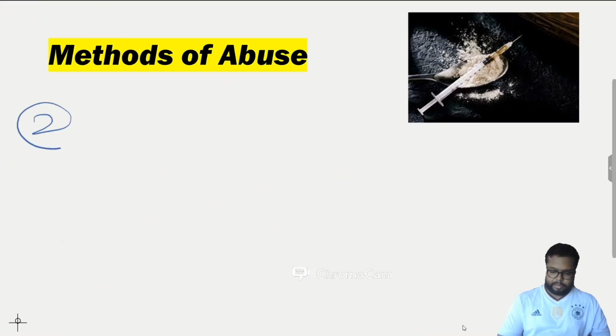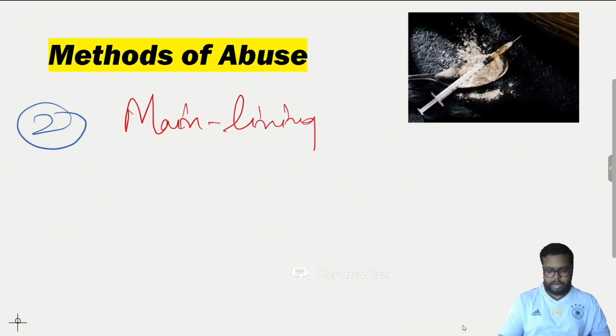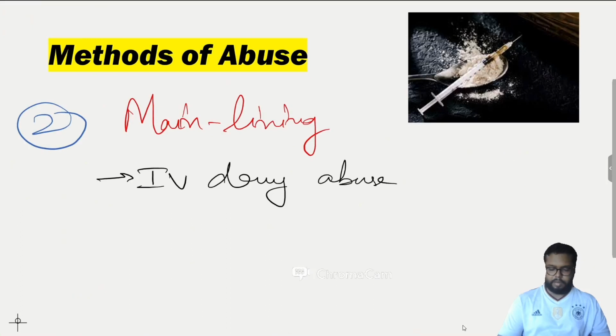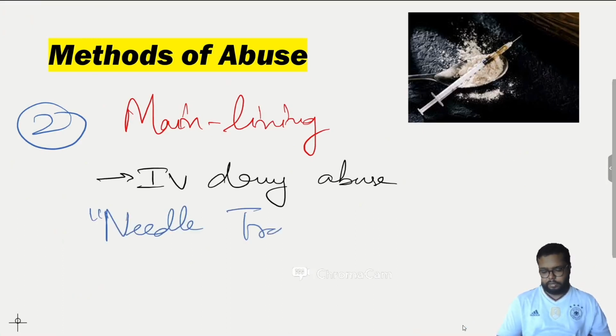Second is main lining. It is IV drug abuse, IV injection of the drug. Because of this IV drug abuse, along the track of the needle, we may get needle track ulcers.